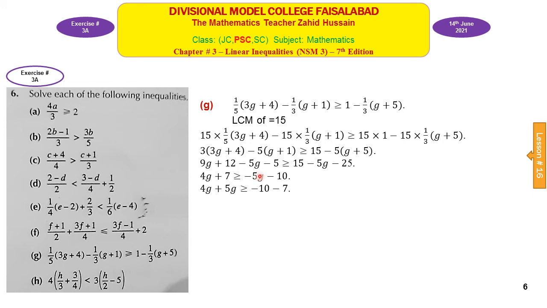Transfer this from right hand side to left hand side, we get 4g plus 5g greater than or equal to minus 10 minus 7, with 7 moving from left hand side to right hand side. So this is 9g greater than or equal to minus 17, and g is greater than or equal to minus 17 over 9, and this can be written as g greater than or equal to minus 1 and 8 over 9.